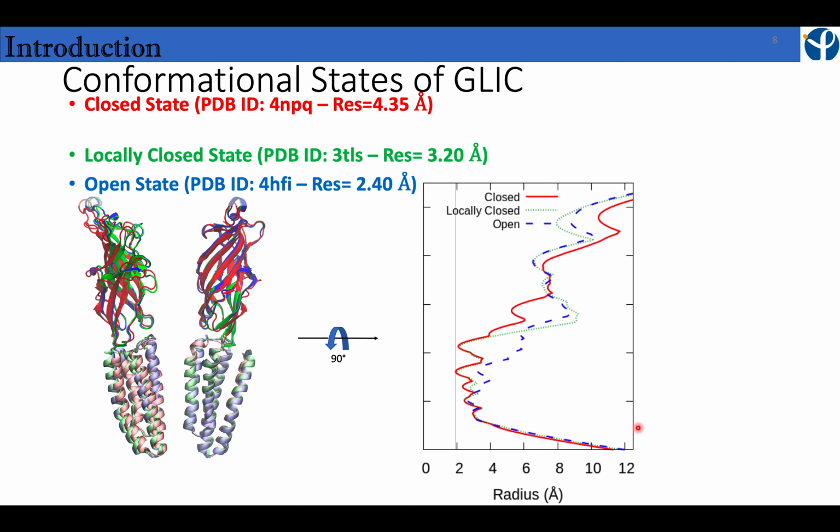The average radius is one of the best ways to see the differences between the locally closed, open, and closed states. As you may have noticed, the lowest resolution is the closed state, and we refined it to 3.95 angstrom, and we wanted to see if these refinements can help us see different dynamics.